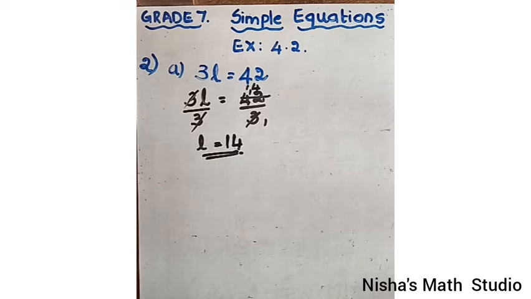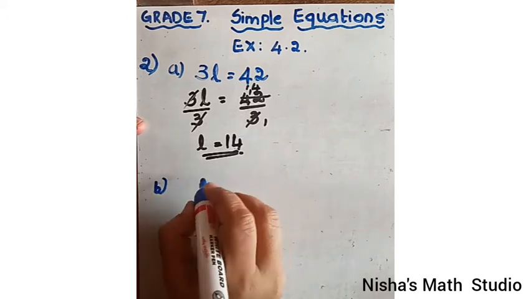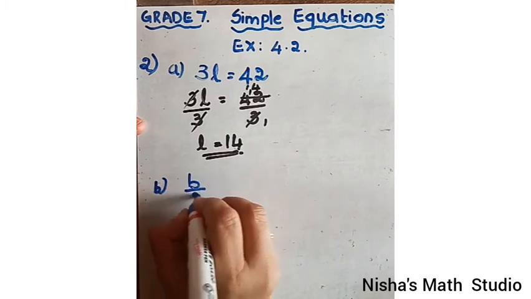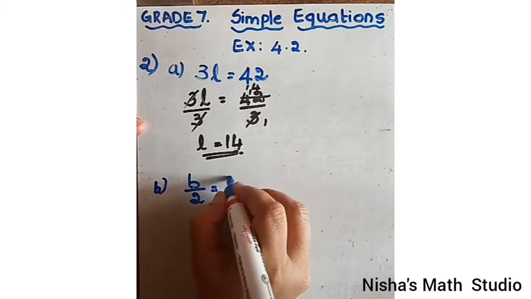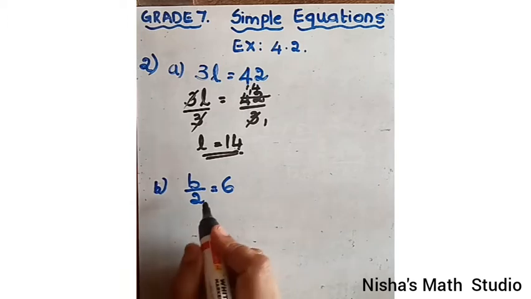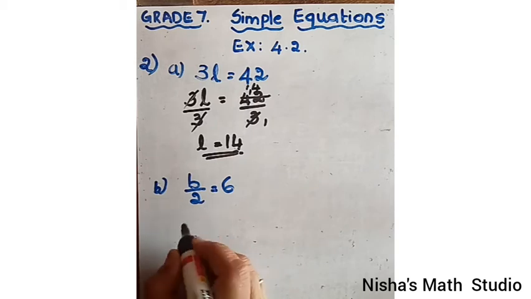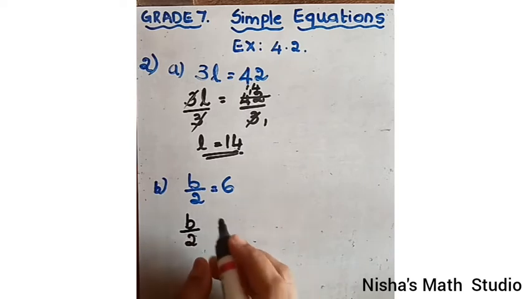If we take the second question, that is b by 2 is equal to 6. Look at this question. Here, on the left hand side, I want to eliminate 2 and it is in division. So, what should I do? b by 2.